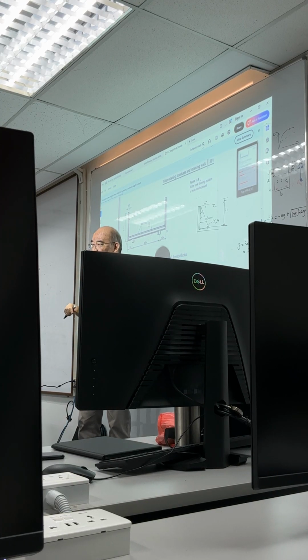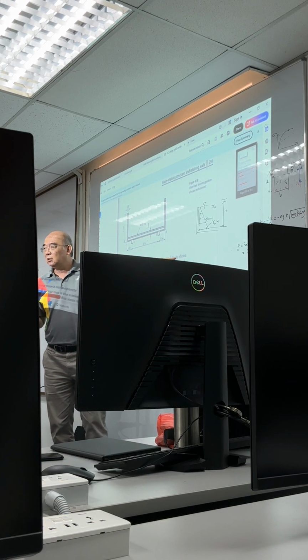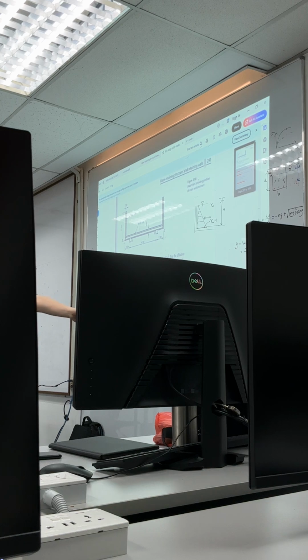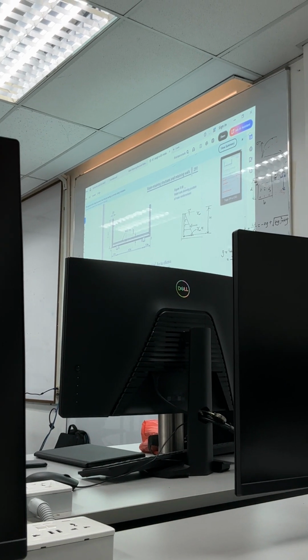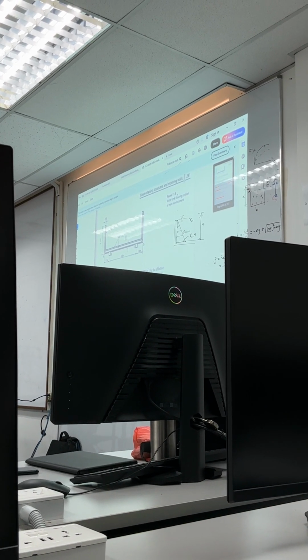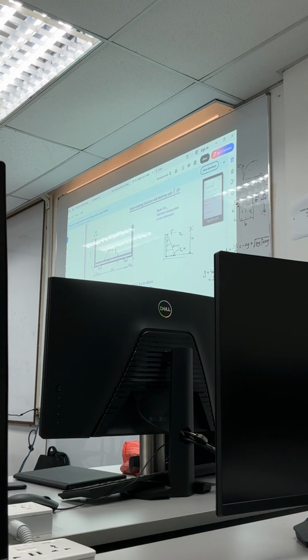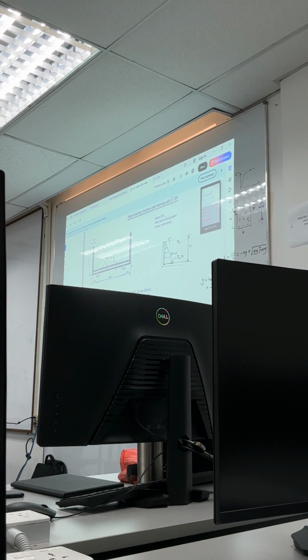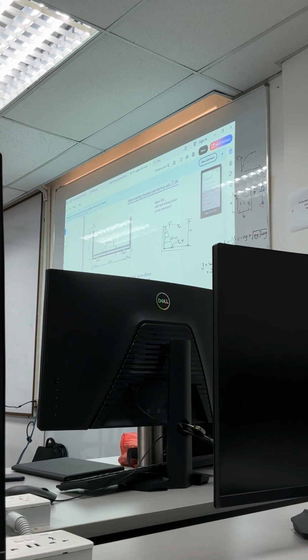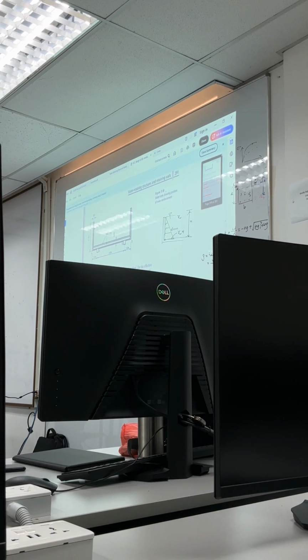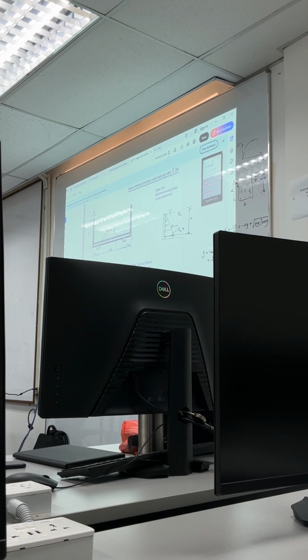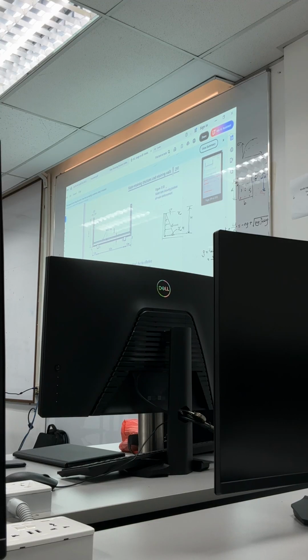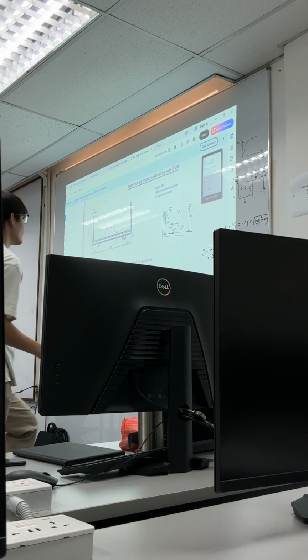How do you calculate the force of a triangular stress distribution? Using the area. What area? Using the area. Okay, can you write that? Where's the force?